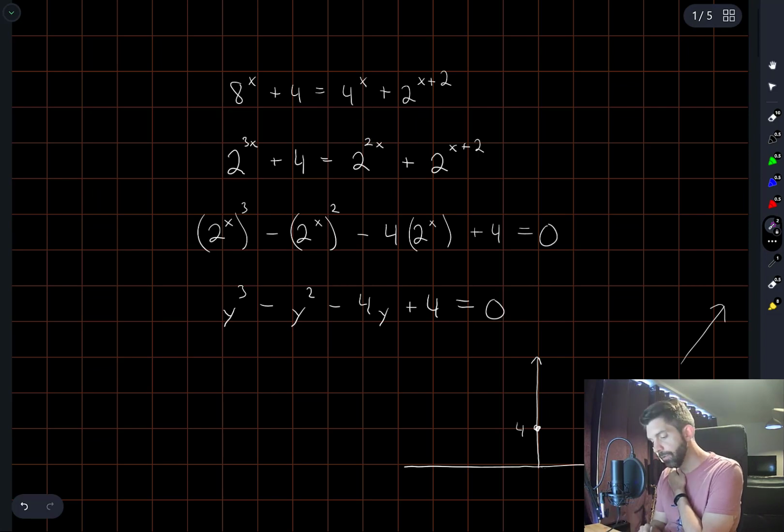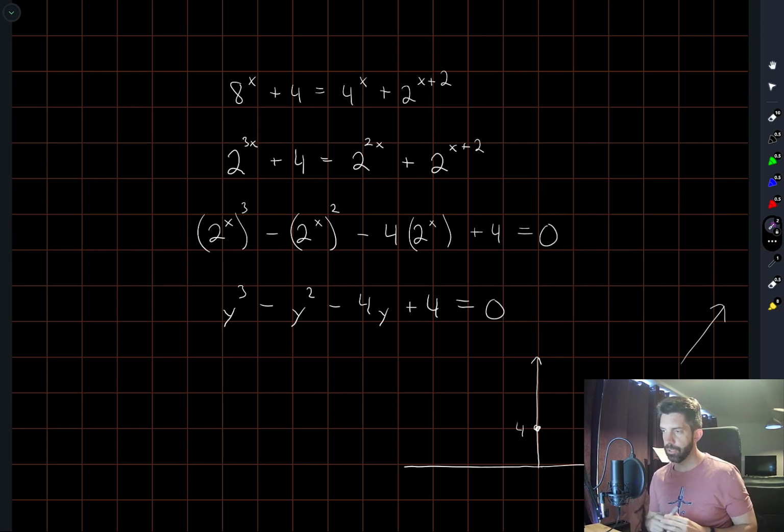Okay, so those two values of x, 0 and 1, are roots. But the analysis that I did shows that there can't be a third real solution. One of the roots of this cubic is negative, and we know it's -2. 2 to the power of x can never be equal to -2 for a real value of x. So not only do we show that there are two real solutions, we actually know what they are.